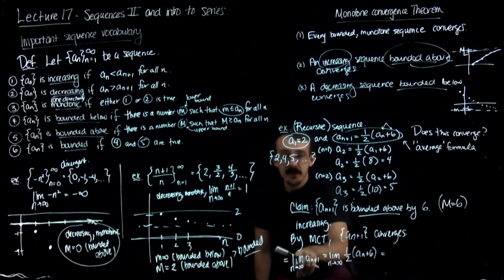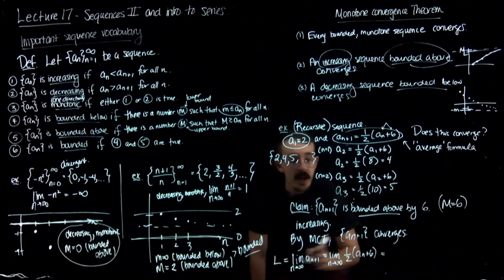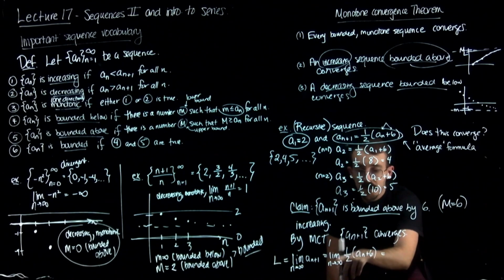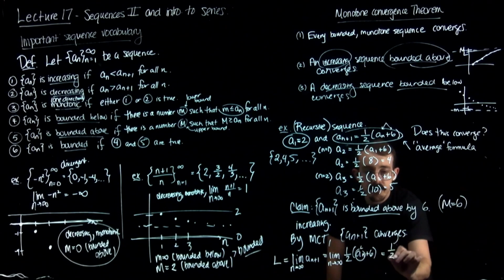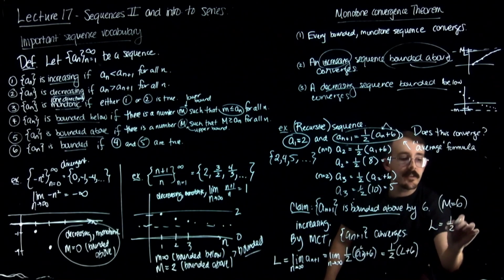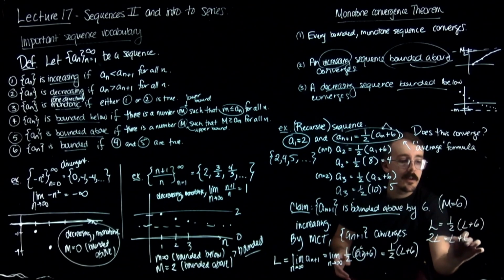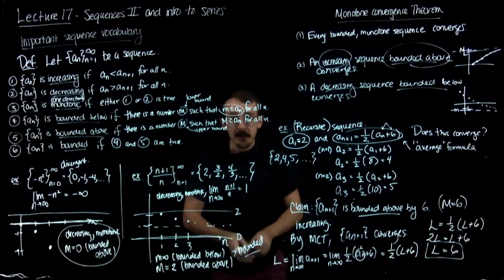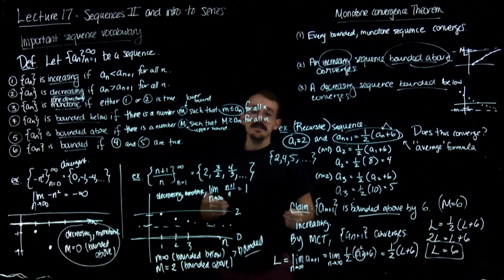On the left, the limit of this sequence a sub n plus 1 is L. Over here, the constants are unaffected by the limit, and a sub n also goes to L. So I get 1/2 (L plus 6). Looking at the left and the right, L equals 1/2 (L plus 6). Now I need to solve this. Multiply both sides by 2, subtract the L, and you get the limit of this sequence. It converges to 6.